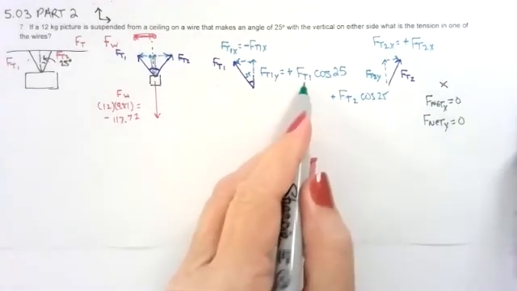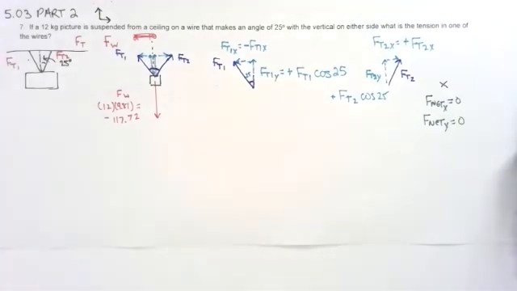And when I do this, I'm going to just rewrite it as FT, because I know they're the same. So this gives me, by the way, what's cosine of 25? It is 0.906.